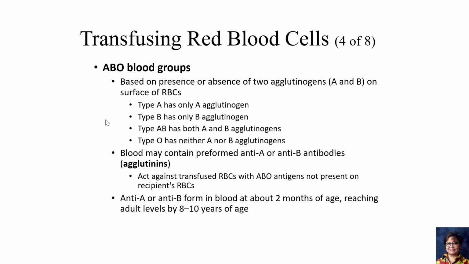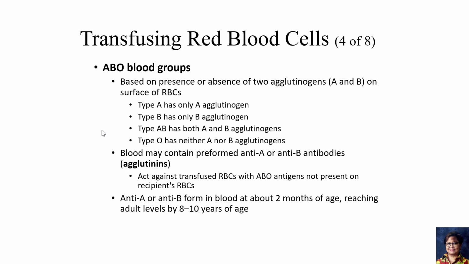The ABO blood groups is based upon the different types of agglutinogens that are present on the surface of the red blood cells. And there are two different types of agglutinogens.